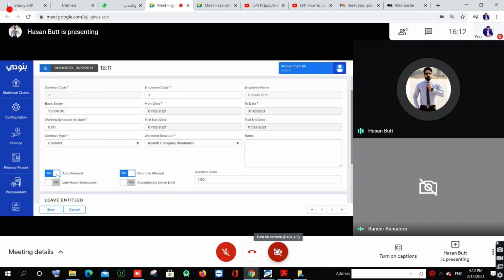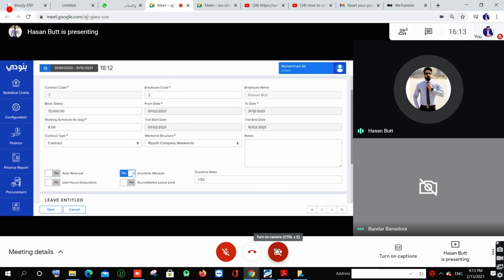And if you do not want to renew his contract automatically, you do not need to add it like this. After that, we have the overtime allowance. Some companies do not allow some employees to work overtime, and some employees are allowed to do overtime work.